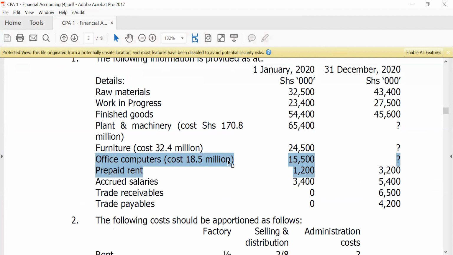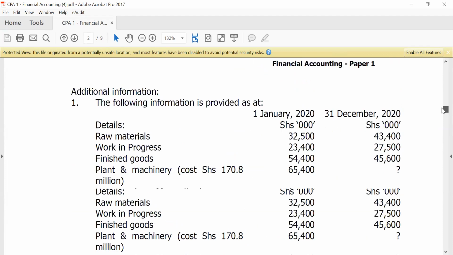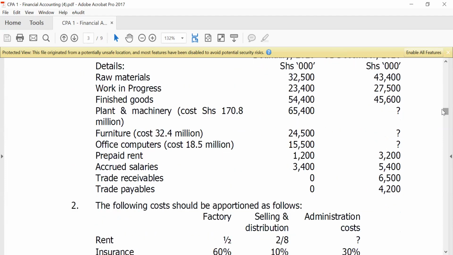So we started with 18.5 million, which is 15,500 net book value. And then we had a purchase. We had the purchase of 13,550. Okay, and we are using reducing balance method, basically.